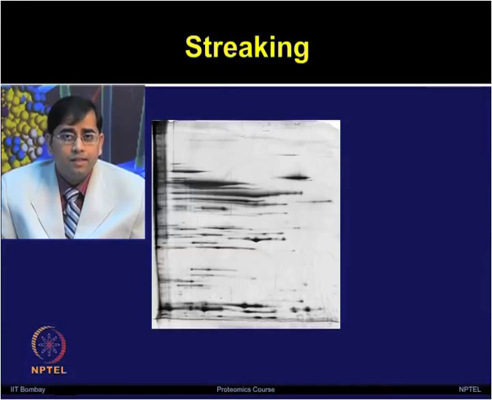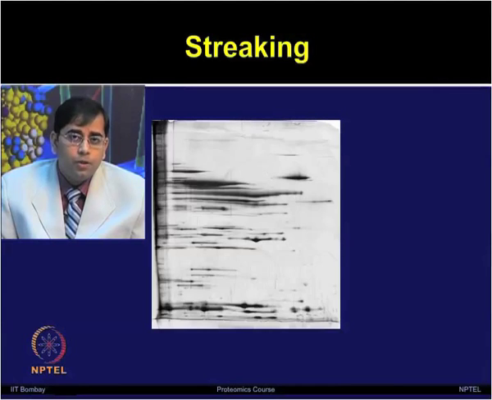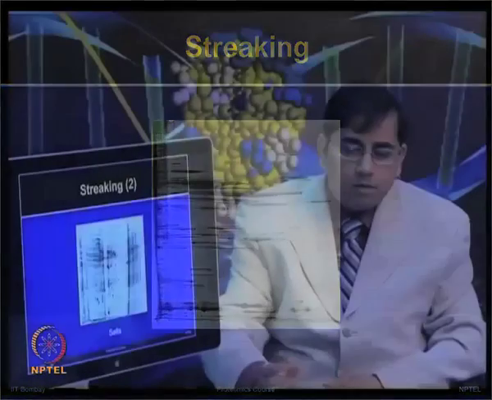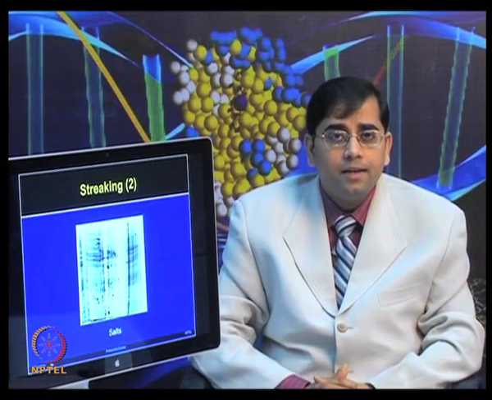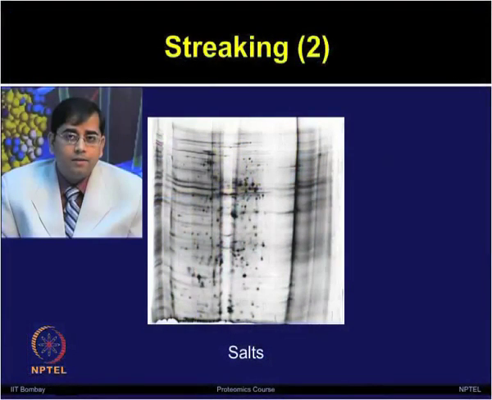Many times salts and different other interfering components are also present, which interfere in the IEF process, and one can see the streaking pattern after looking at the staining of the gels. So, as shown in this gel, the presence of salt can be interfering and may result in vertical streaking.